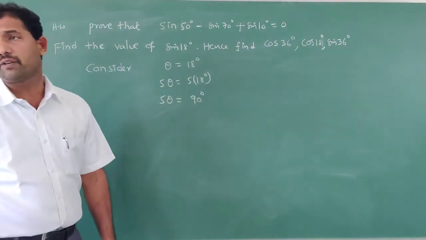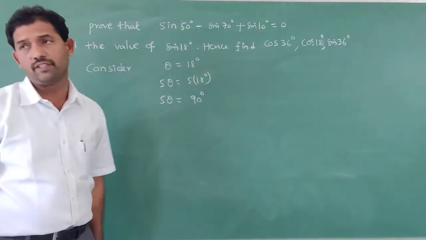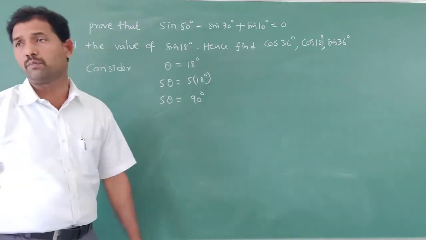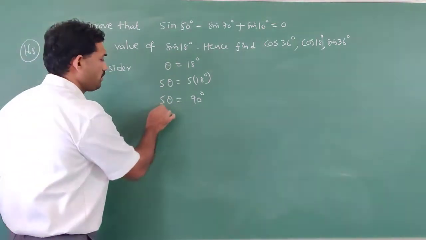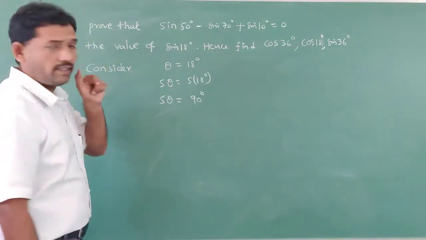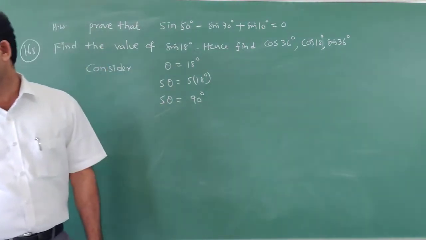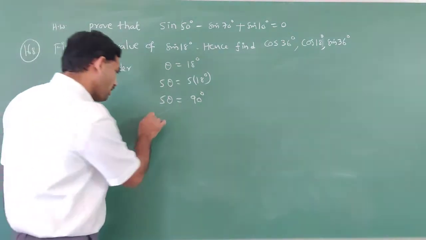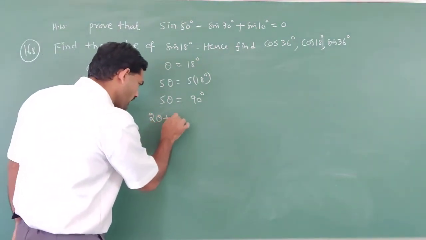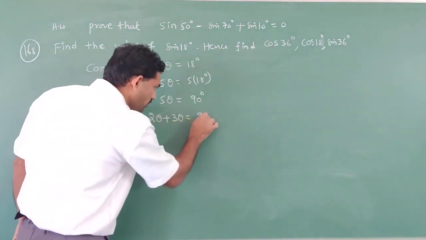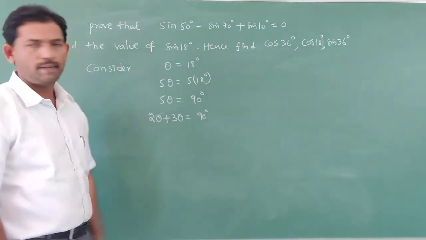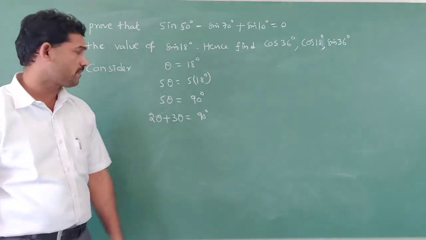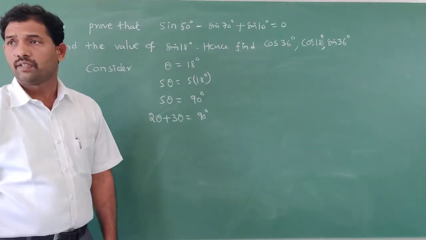Now what value are we going to simplify? Sin 18. So taking sin on both sides. This 5 theta I write as 2 theta plus 3 theta, equal to 90 degrees. 2 theta plus 3 theta is nothing but 5 theta.